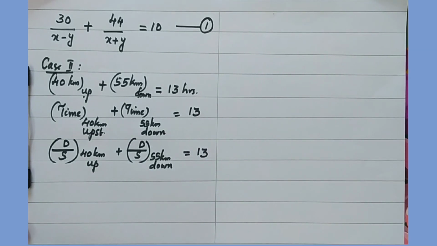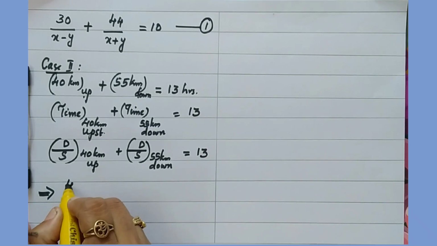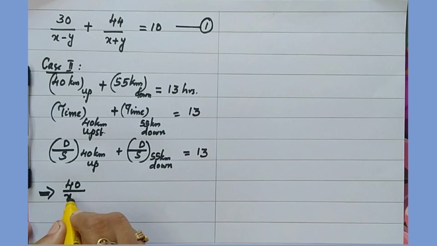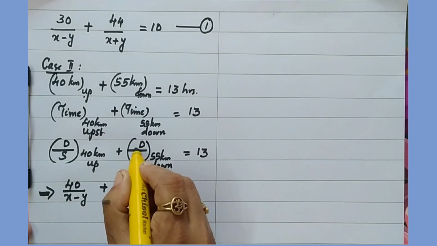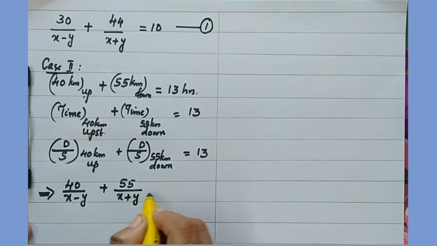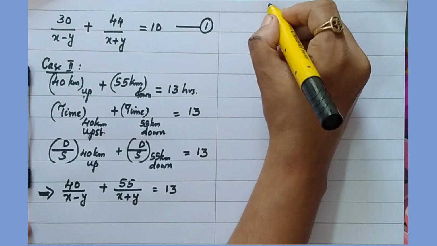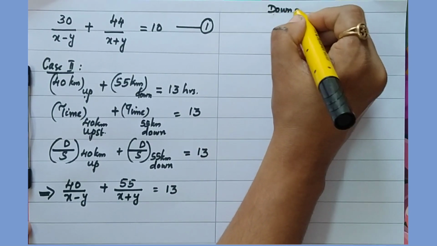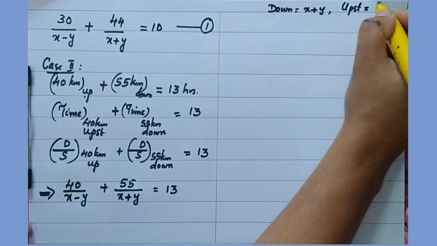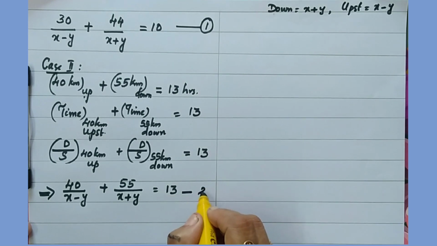I am going to substitute the values. What is distance here? That implies 40 divided by upstream speed. What is upstream speed? x minus y. Plus distance here is 55 by downstream speed, x plus y, equal to 13. Always remember, downstream speed is x plus y and upstream speed will be x minus y. Remember that. So this is your second equation.